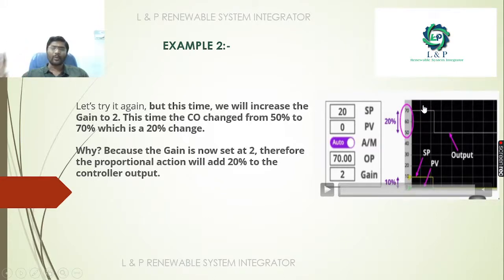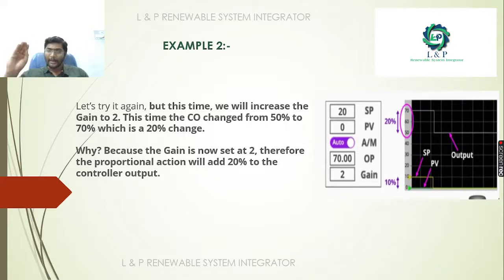Here in the same calculation, as we know earlier, the formula is controller output plus error into gain value. So we know our previous output is 50%. What will be the error value? Set point minus present value. The set point is 20% and the present value is 0. So our error is 20, and what is the gain?